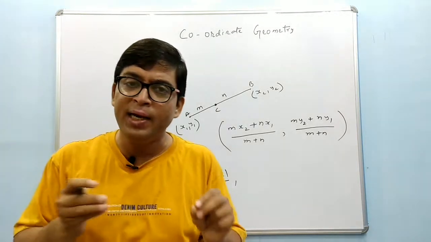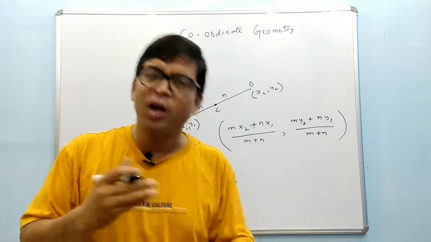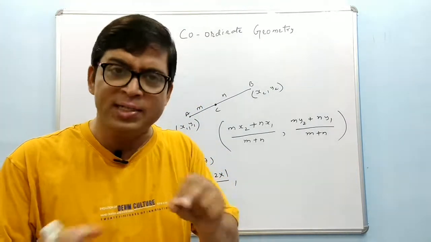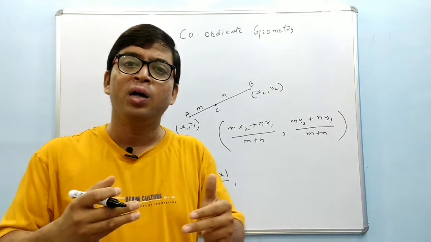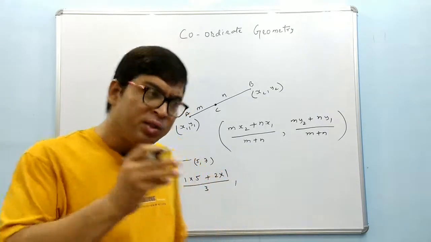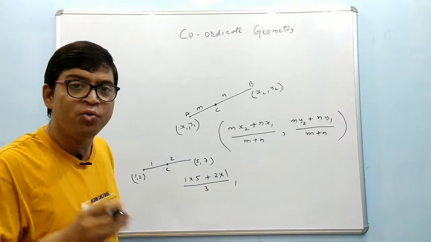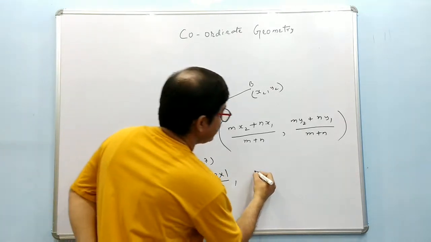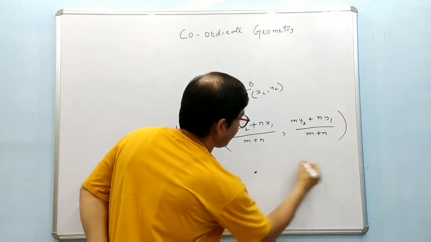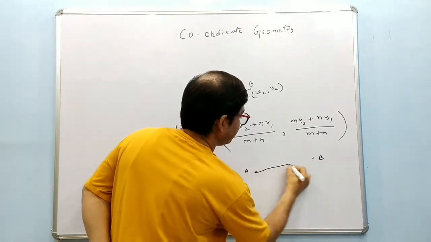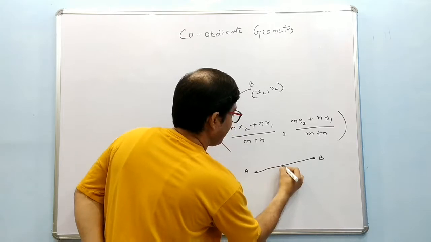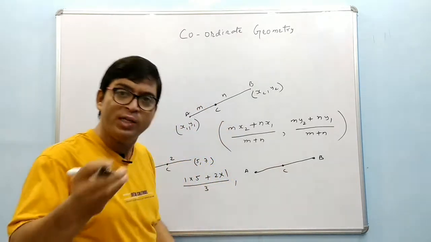Sometimes it is asked in what ratio point C is dividing the join of A and B. Then the process I am telling you to follow: just take the points A, B and C. The points are known.